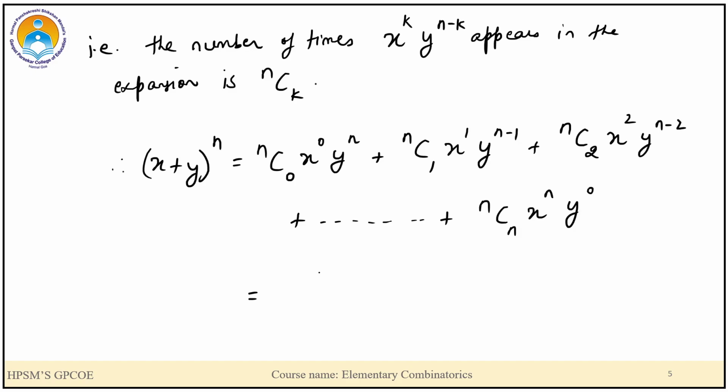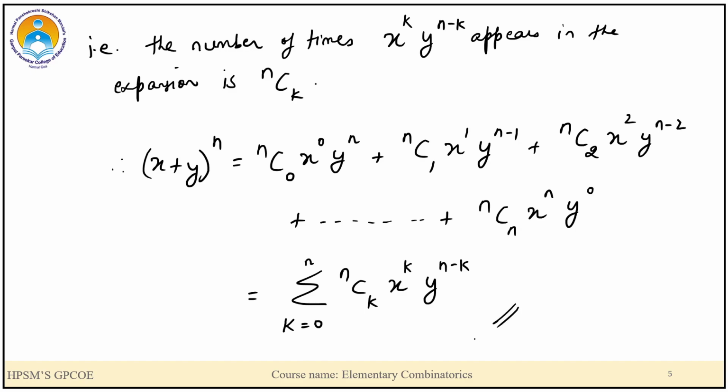Writing this in a very compact form, I get summation k goes from 0 to n, nCk, x raised to k, y raised to n minus k. So this is how the proof of the binomial theorem goes.